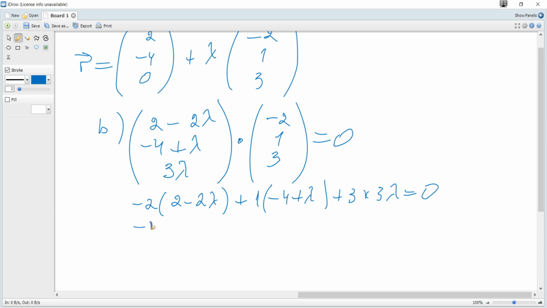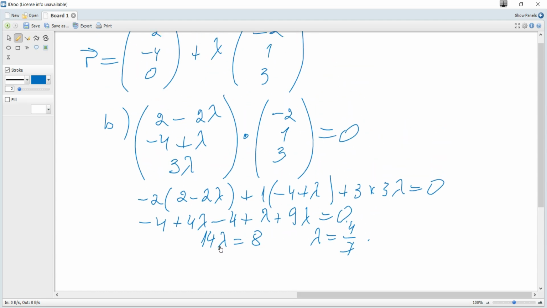So it becomes negative 4 plus 4 lambda minus 4 plus lambda plus 9 lambda is 0. 4 plus 1 plus 9, 14 lambda is 8. So lambda is 8 over 14 or 4 over 7.